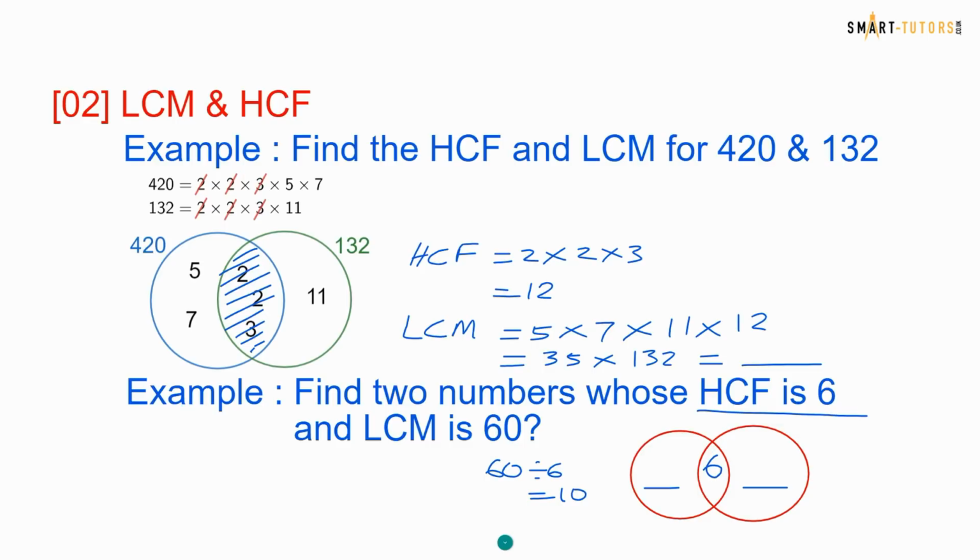A possible combination is 2 times 5 is 10. So this circle number is going to be 2 times 6 is 12, and this number is 5 times 6 is 30. So the possible two numbers are 12 and 30.